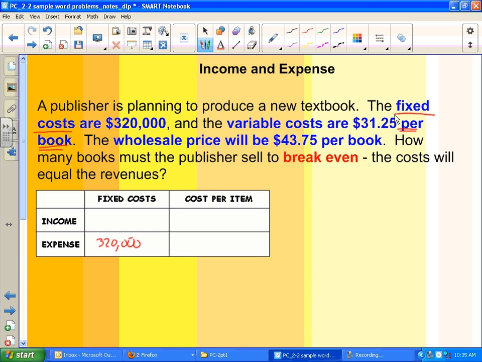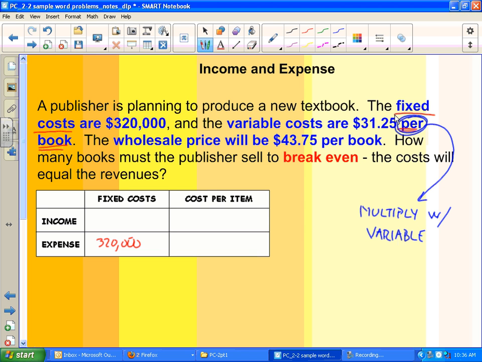That's the labor that goes into it and the material that goes into it. And every time I have the word per, the word per means you're going to multiply with the variable. That's why they're called variable costs. Brilliant.